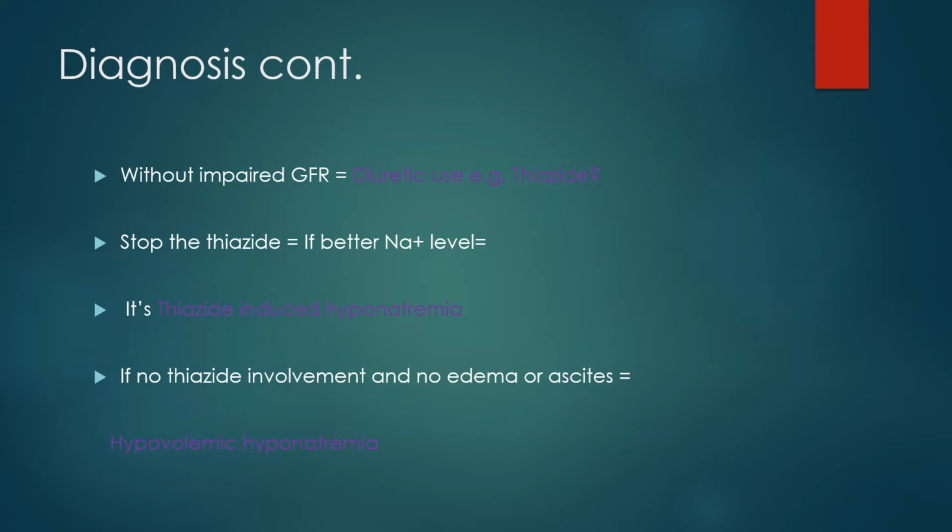Therefore, the diagnosis will be thiazide-induced hyponatremia. But if there is no history of thiazide here, and there is no edema, and there is no ascites, then we are dealing with hypovolemic hyponatremia. Almost 6 diagnoses right now.